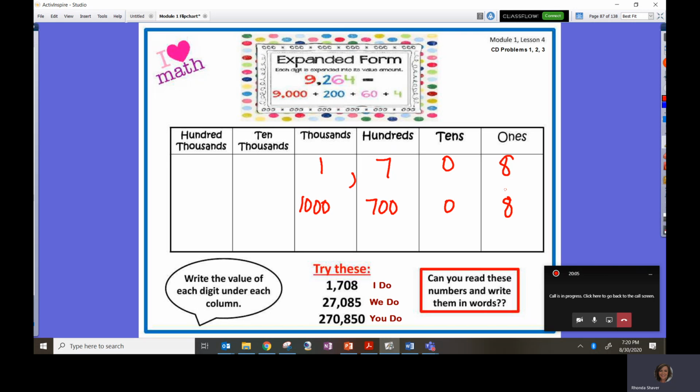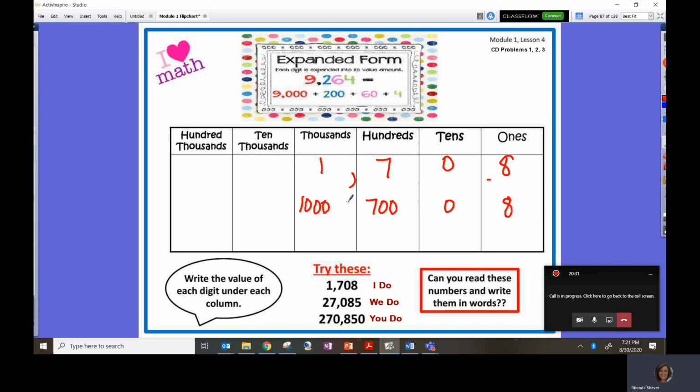So now I have written the value in each column, and now we're going to think about these as expanded form. Once I break this apart, remember we started this number together like a slinky starts together, and then we've started pulling it apart. We've pulled it apart by thousands, hundreds, tens, and ones.